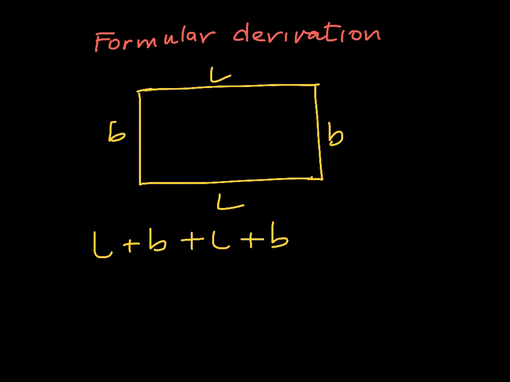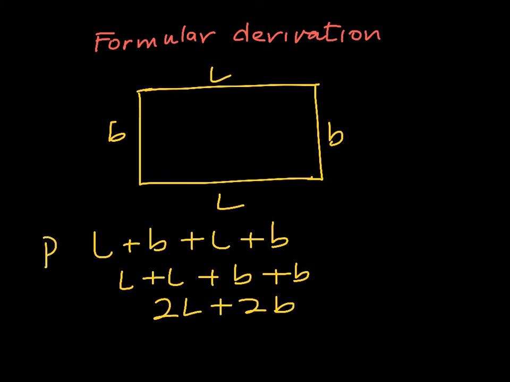We know the L's are similar, so this is the same as L plus L plus B plus B. So two L's added to one another give 2L plus 2B. Remember, what we are looking for is the perimeter. Now we can also go further, because 2 is common to both of them. We can factor it out and say the perimeter is equal to 2 in brackets, length plus breadth.